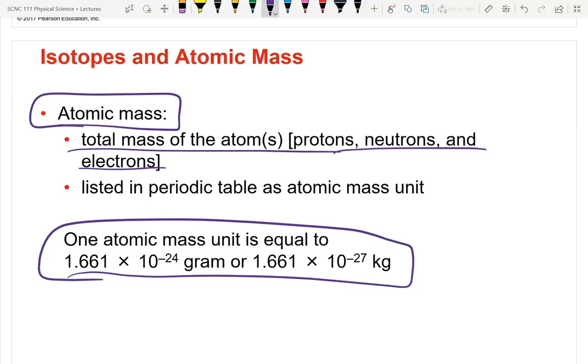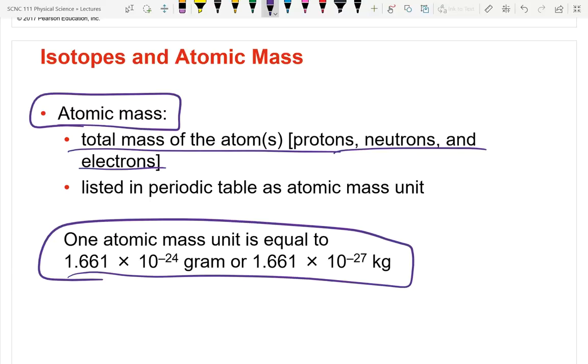It has only one type of atom. Like I've been using the example of elemental iron: all of the atoms in this chunk are going to be iron. Elemental gold, they're all gold. With metals, we also can talk about alloys, which are mixtures of different metals.